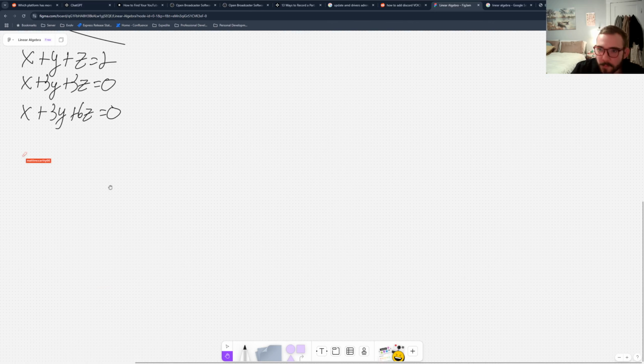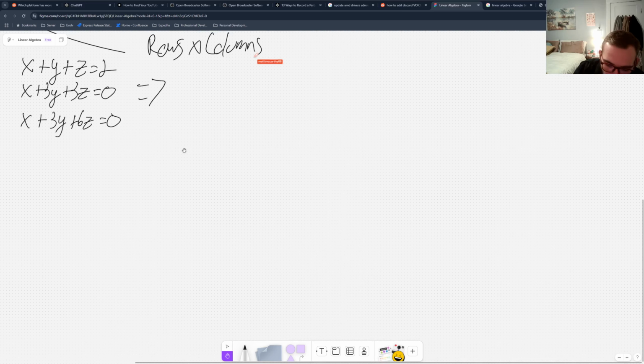So the way we write it would be, in matrices and vectors we have rows by columns. Alright? So in this case the first row is this first equation, right? And each column represents some variable, right? So the first column represents x, the second column represents y, and the third column represents z.